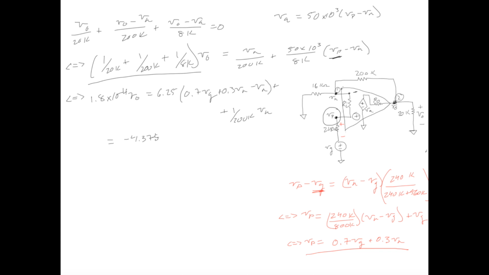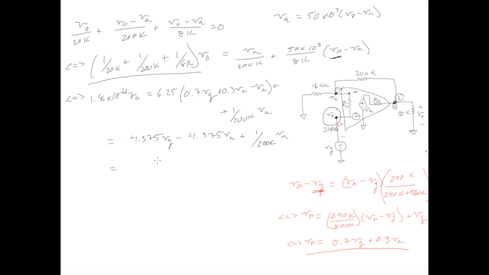If we were to distribute Vg, so that should be positive 4.375 Vg minus 4.375 Vn plus 1 over 200K Vn.